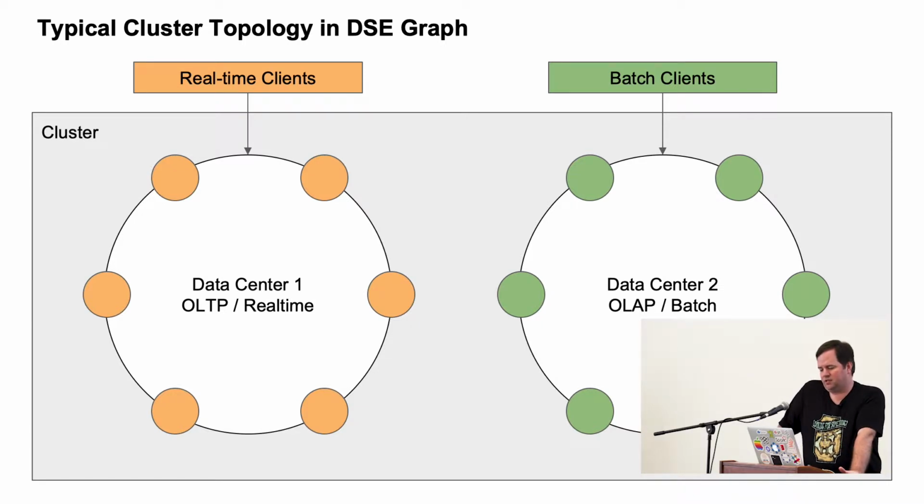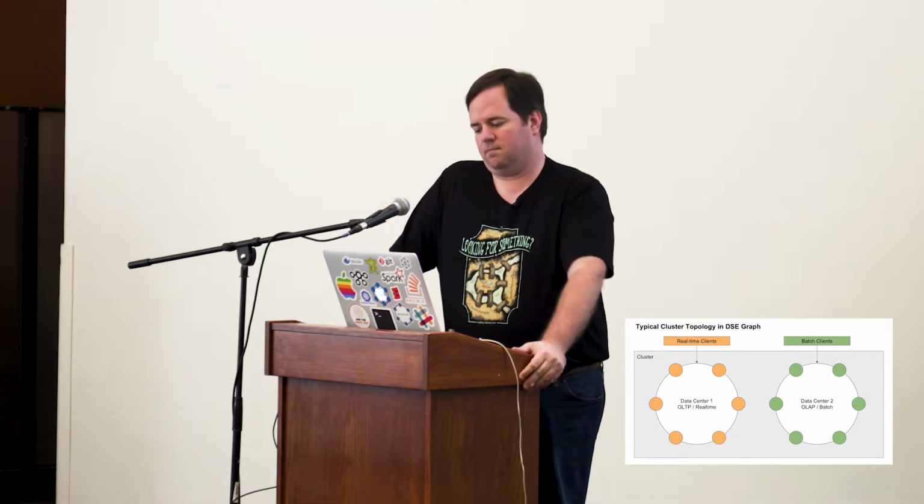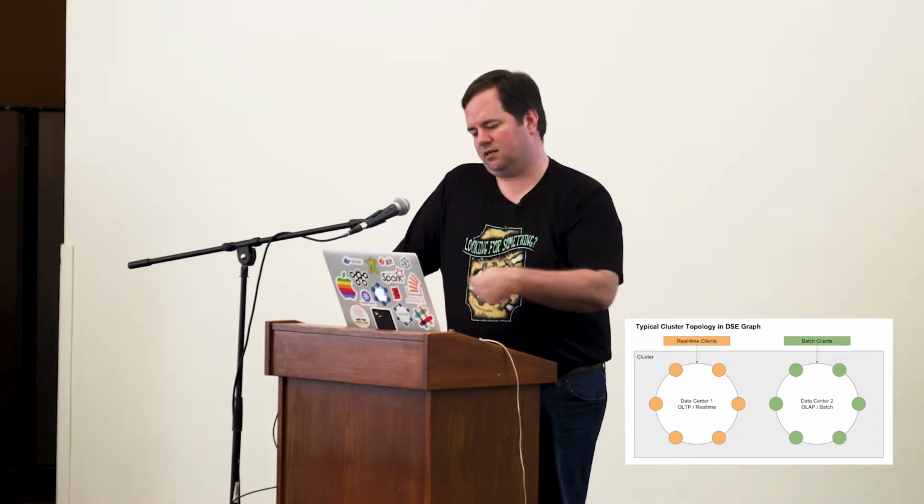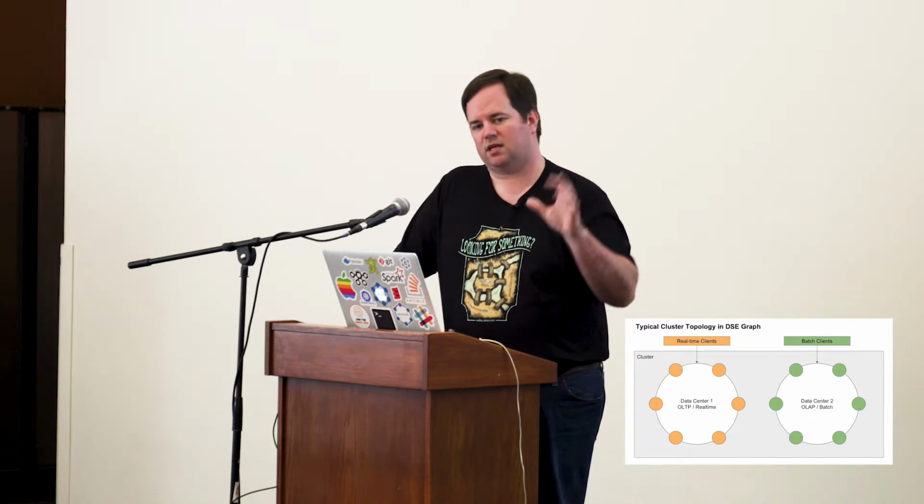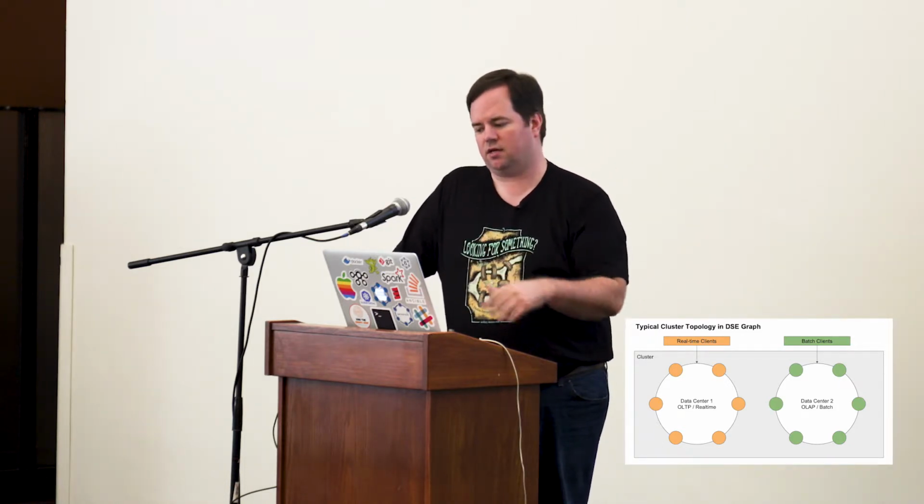In the DSE graph world, or in the DSE world, we typically have, this is a common setup, two data centers, and one is meant to serve up OLTP traffic, and another one is meant to serve up batch analytics, OLAP kind of traffic. And Cassandra is the underpinning that knows how to move data back and forth. Anytime you write to one, it automatically writes to the other.